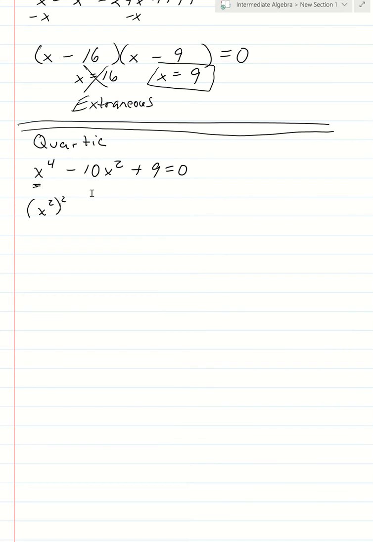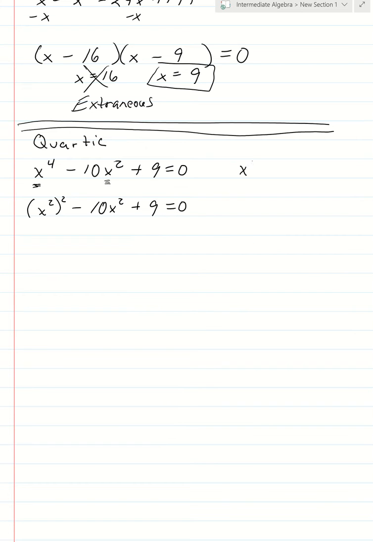So all I'm going to do is rewrite the first term. Instead of x to the 4th power, I'm going to think of it as my x squared term being squared. I'm going to write everything else the same. So we're going to have still a minus 10x squared plus 9 equals 0. And here's what I'm going to do. I'm going to use a little substitution.